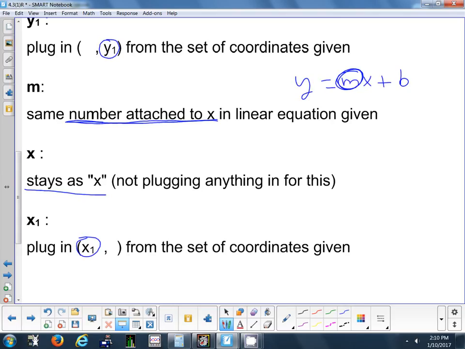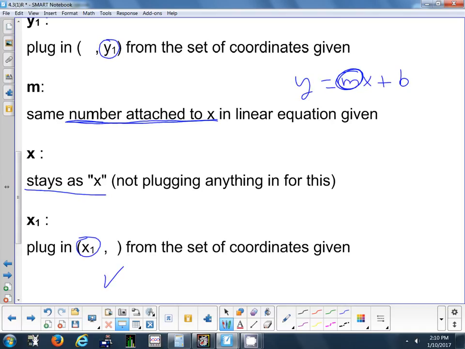Now, just like yesterday, if they say to find the equation of a line that's parallel, and they say to do it in point-slope form, you are done after that step. If they say to do slope-intercept, what are the 2 extra steps you have to do? What's the first extra step? Yeah?